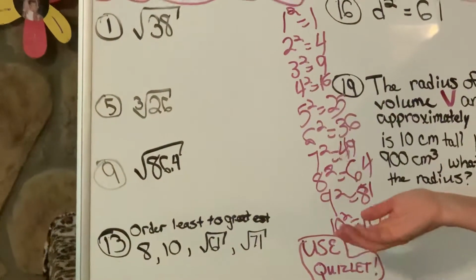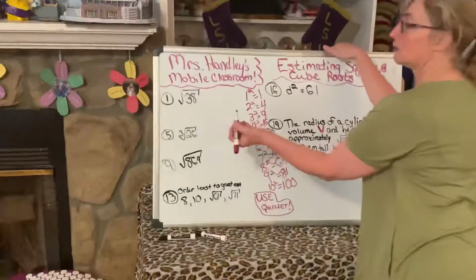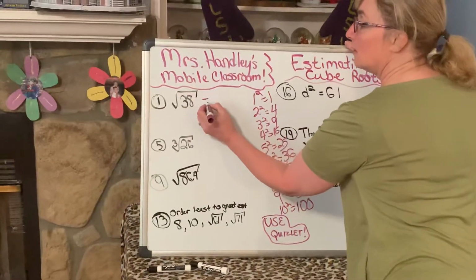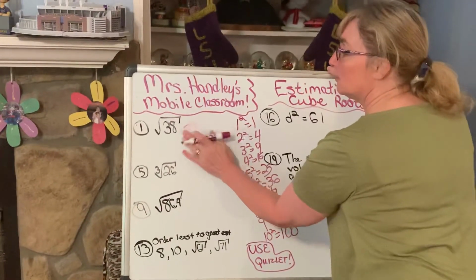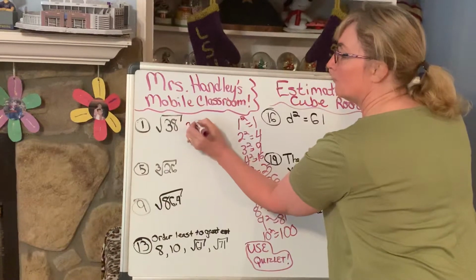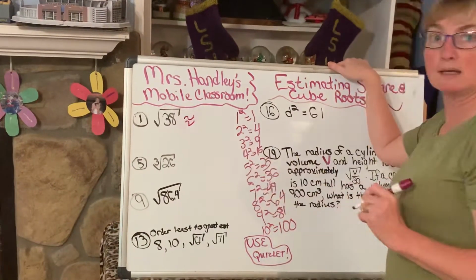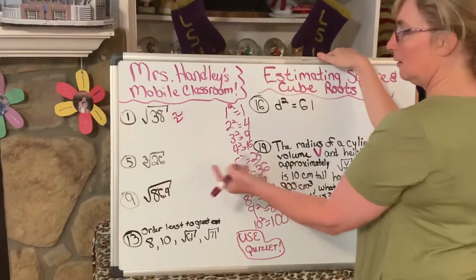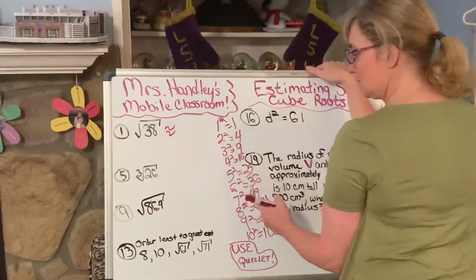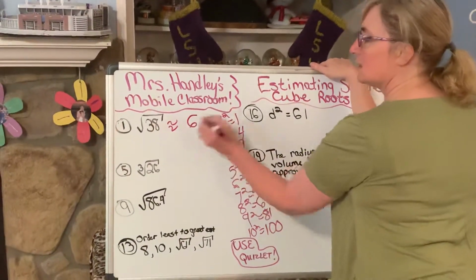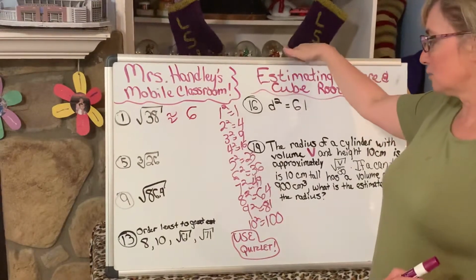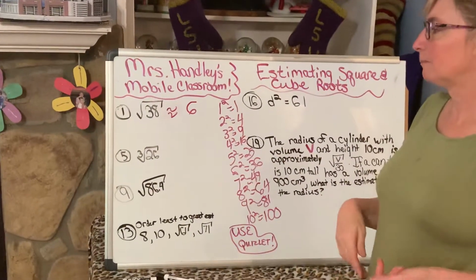Hopefully you realize it is closer to 36. So our estimate, we're not going to use an equal sign, we're going to use the curvy equal sign because it's not exact, it's approximate. The square root of 38 is approximately 6 because 38 is closer to 36 than 49.